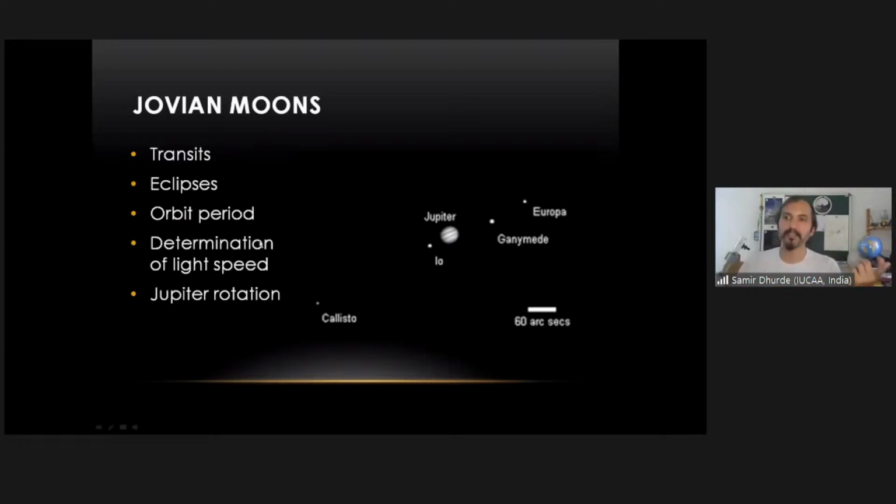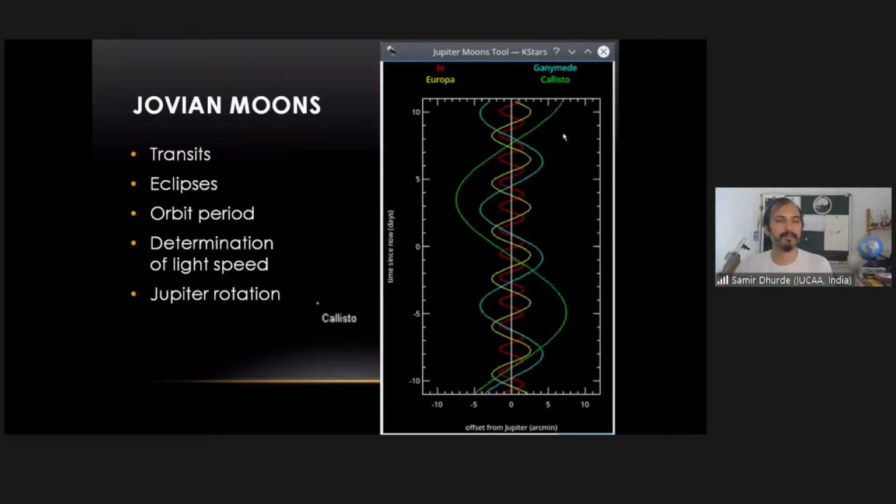And then there's this challenge of finding the speed of light using these eclipses and transits of the moons of Jupiter. Okay, and this was used by Roemer, not now, but much earlier, and he actually could find the speed of light by observing the motions and the timings of transits and eclipses of Jupiter's moons when Jupiter was closer to Earth and when it was farther away from Earth.